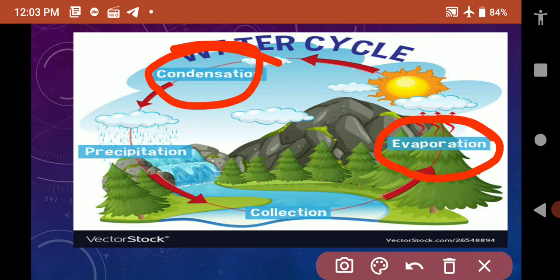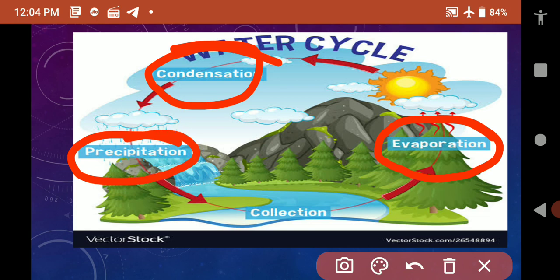Tiny droplets of water come together, they form cloud, and now cloud is heavy to hold all the droplets of water, so water falls down on earth as rain. This water falls down on the earth as rain. This process is called precipitation.